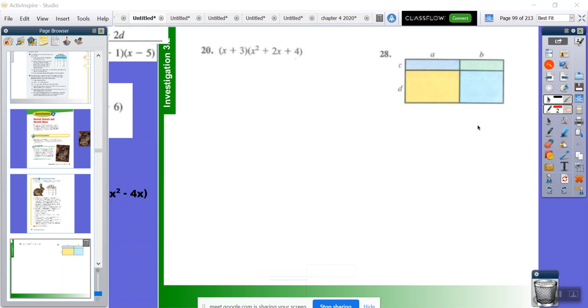All right. So for number 20, same basic principle applies. We are distributing the x to everything inside the other trinomial. And we're also going to multiply everything to here. All right, so why don't you take it away? Okay, so would we do x times x to the second, which would be x to the third?